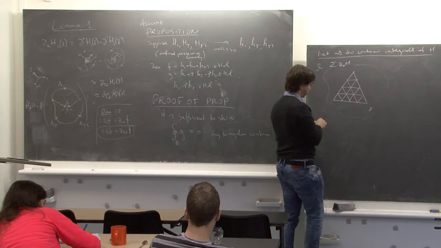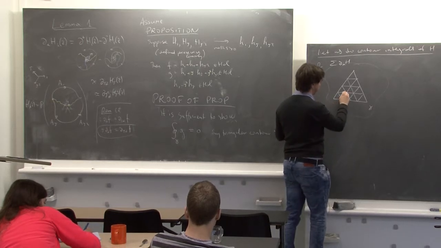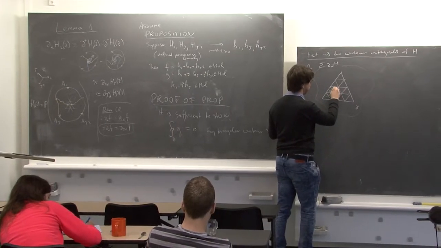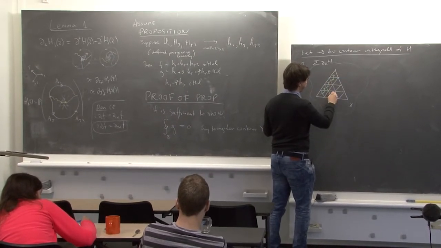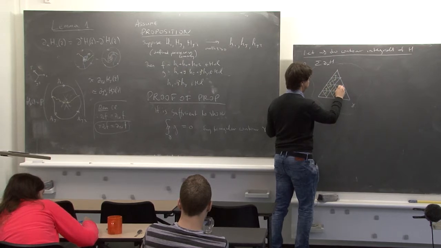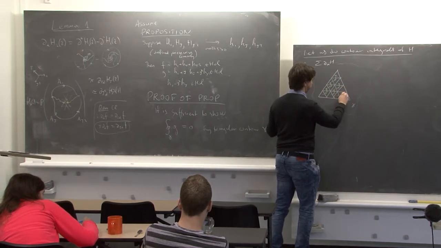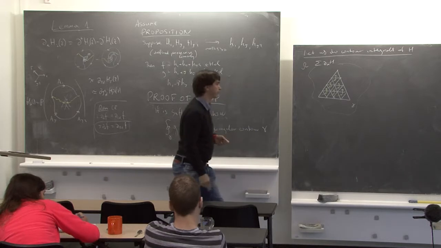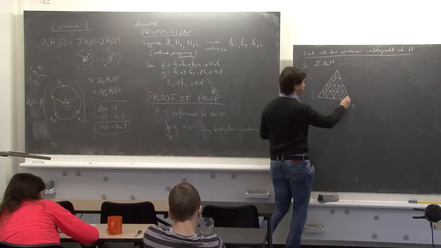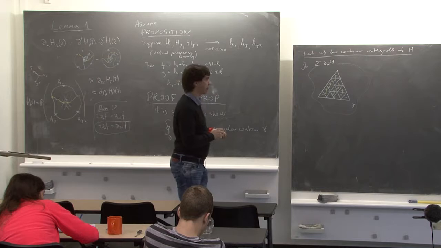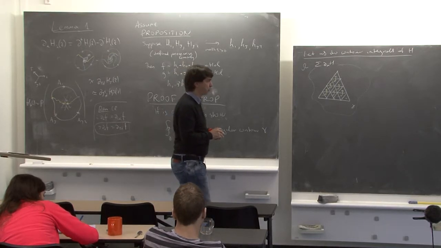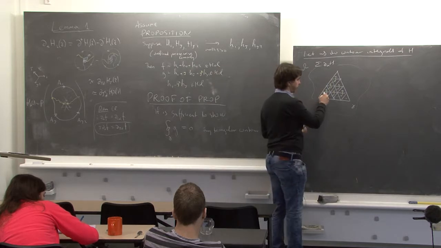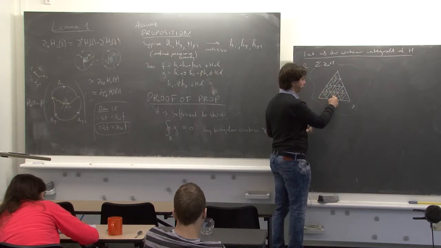So I will just draw here a number of vectors. Basically, for every triangle which points downward, I took the vector up.